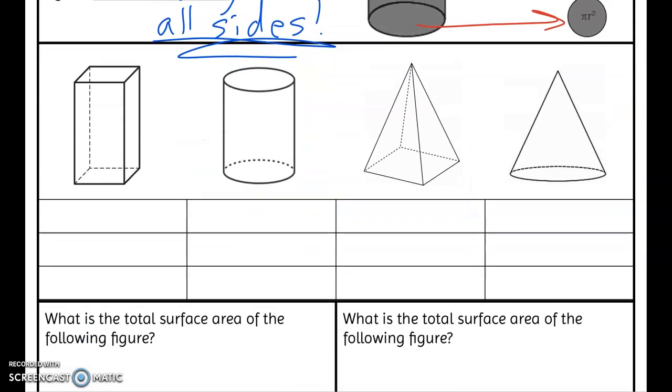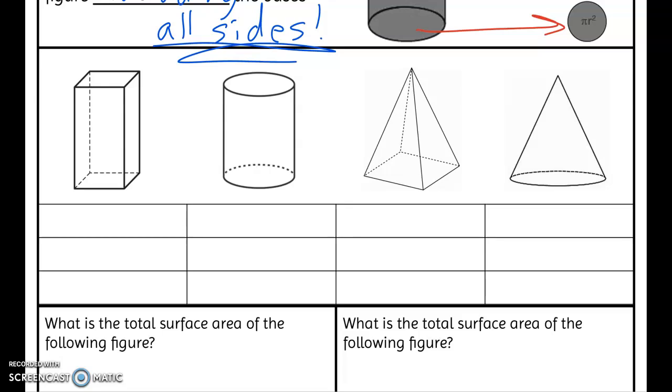Okay, so we're going to go on. On this first shape, again, it's just a prism. This one specifically is a rectangular prism. Now, the number of sides that we have for this thing: we have the number of lateral faces, which is all of my faces excluding my bases, and then we have two bases.